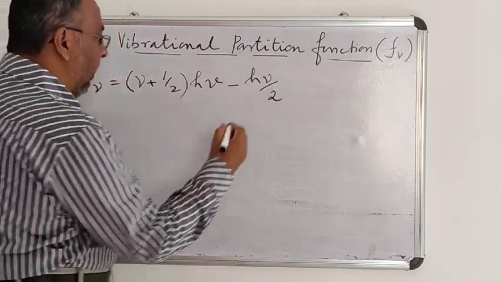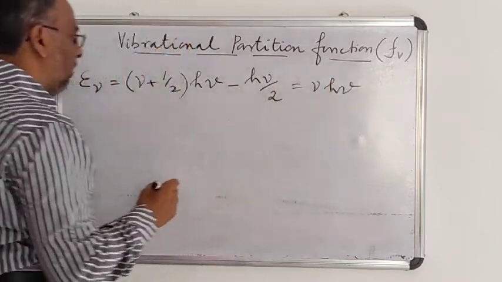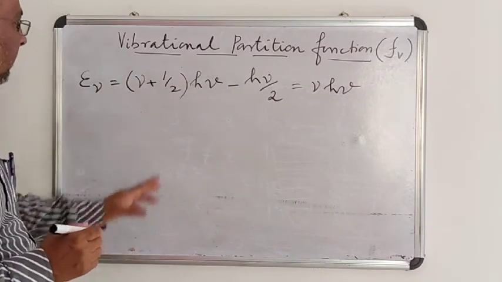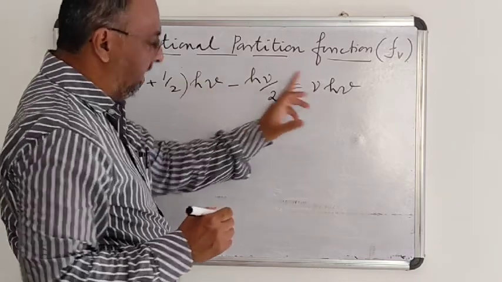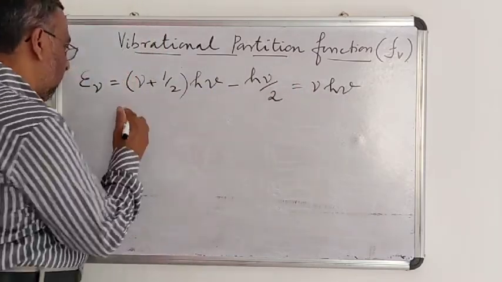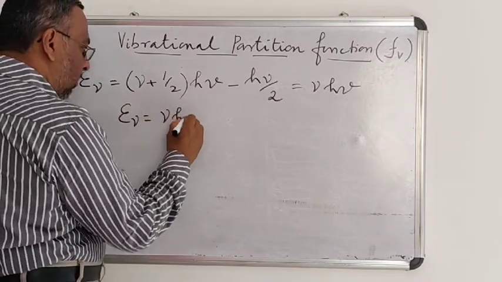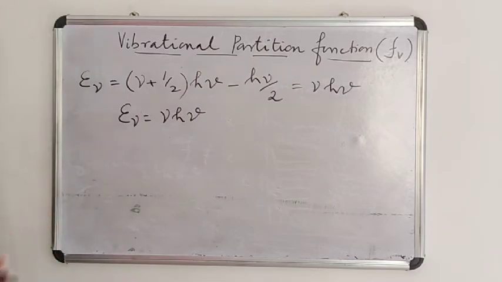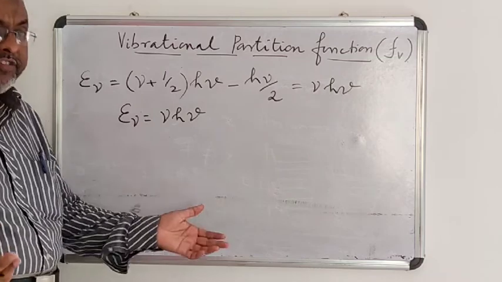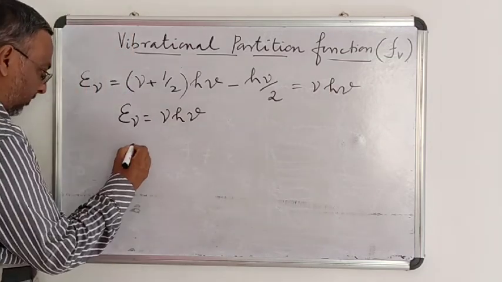The plus half h nu and minus half h nu cancel, and we only have v into h nu. Every vibrational energy level will have v h nu modes of vibration. So the vibrational energy level relative to the lowest vibrational energy level is given by this equation.